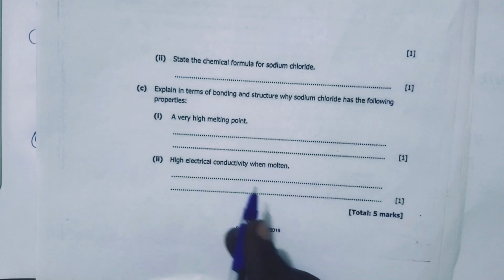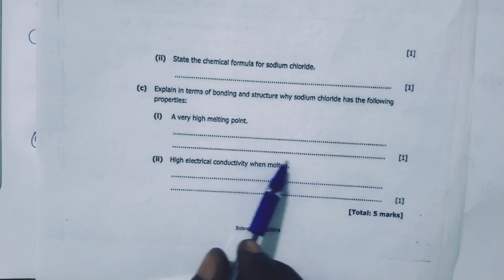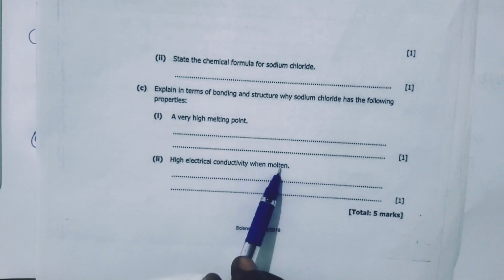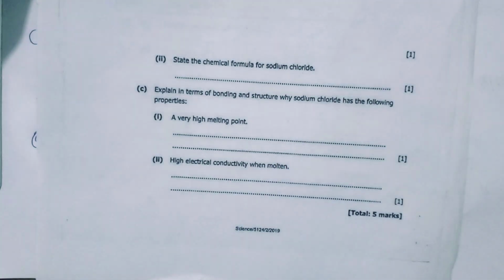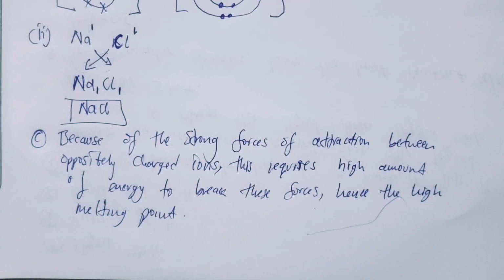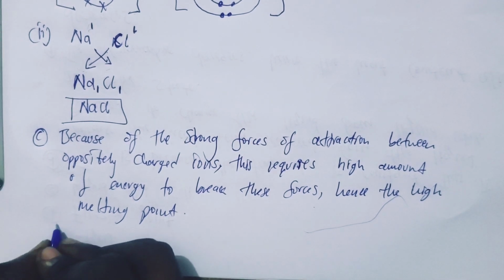But this one, there is no water. You just melted it. When it is in molten state, the electrical conductivity becomes high because ions are free to move, unlike in the solid where they are not free to move.